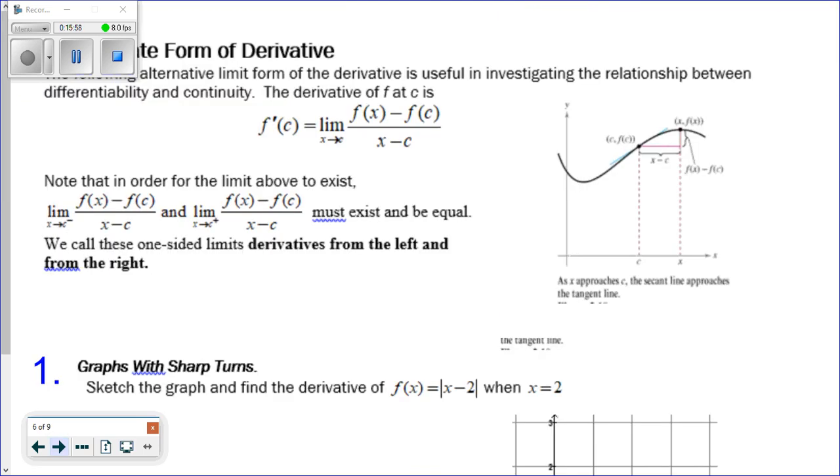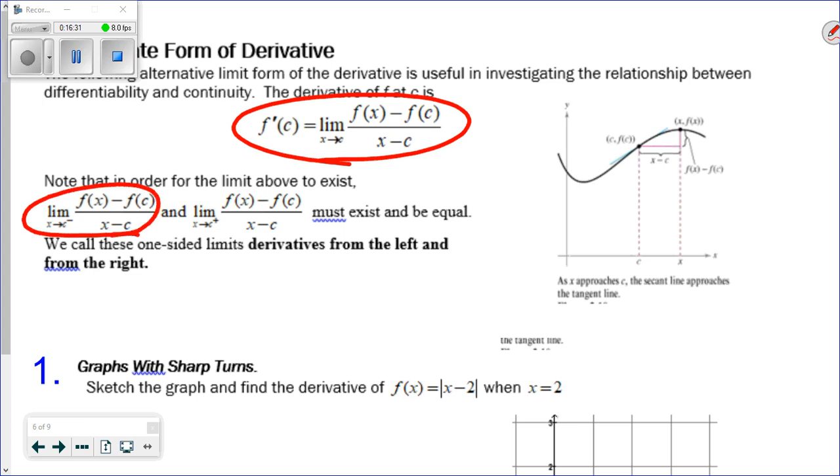Okay. A couple other things we need to talk about in relation to the derivative. So remember this alternate form of the derivative that I showed you? F prime of c equals the limit as x approaches c of f of x minus f of c all over x minus c. Well, if you think back to our unit on derivatives, this would be a general or two-sided limit. So in order for this limit to exist, the one-sided limits would have to exist and equal the same thing.